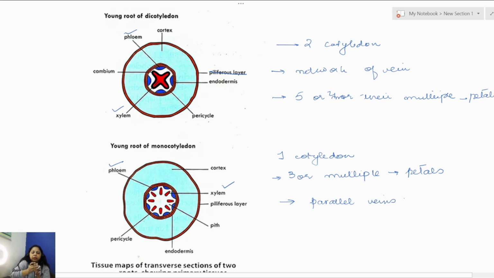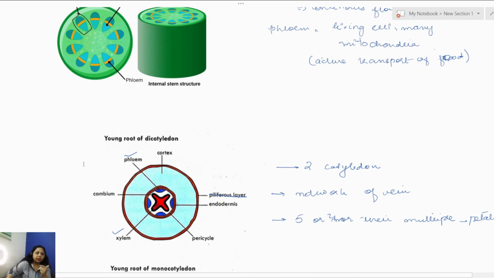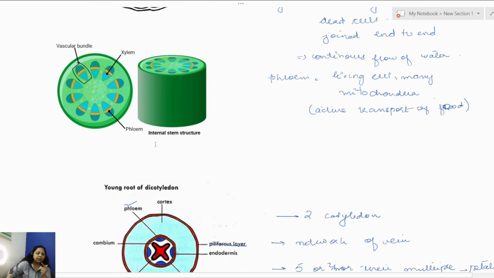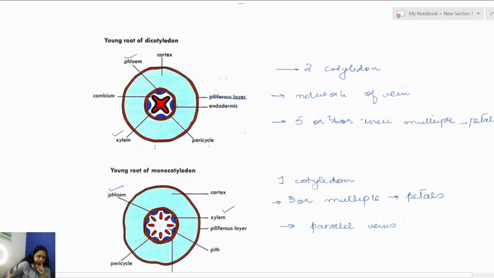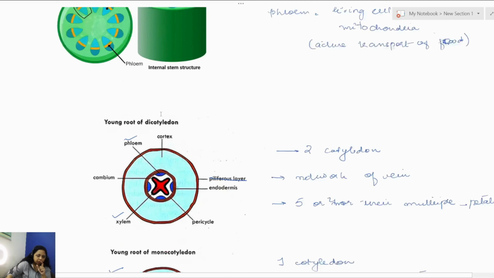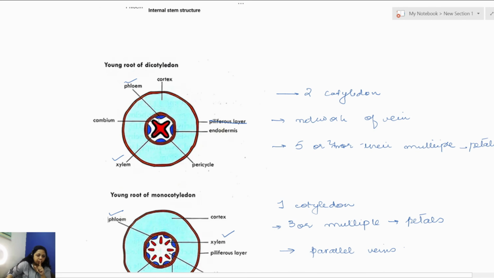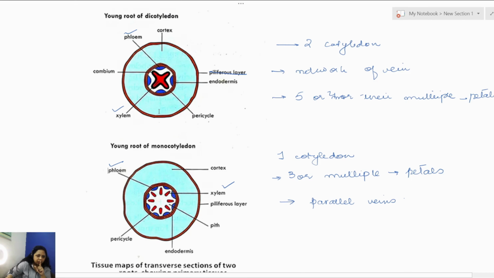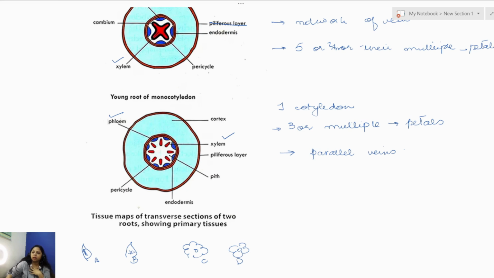Keep in mind that in stem, xylem is present inside and phloem is present outside. Similarly, here also xylem is present inside and phloem is present outside. This is the only thing that you need to learn, their position.